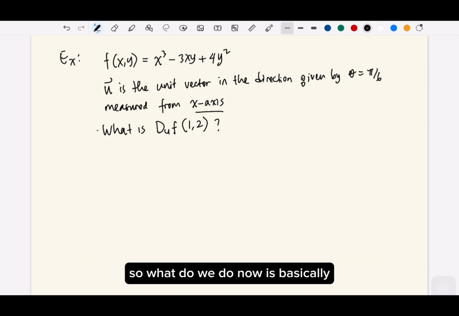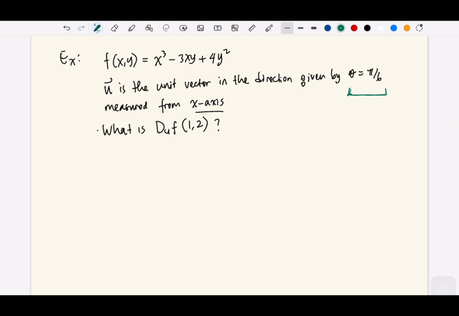So what we do now is basically describe what our theta is and how the theta will affect the vector.